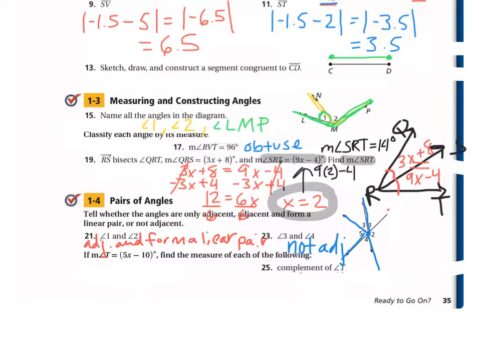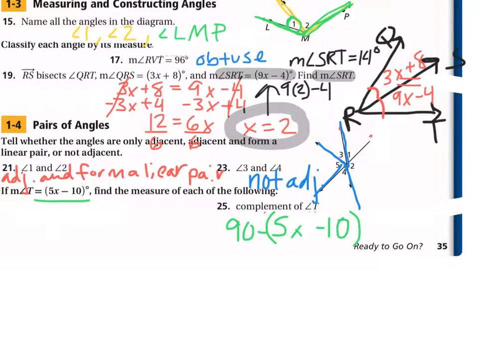If the measure of t is equal to 5x minus 10 degrees, find the measure of each of the following. So when finding the complement of t, we would do 90 minus t, which we said here t is 5x minus 10. And we would have to put this in parentheses.